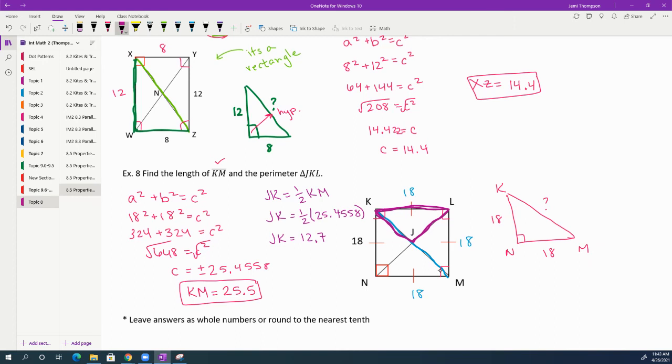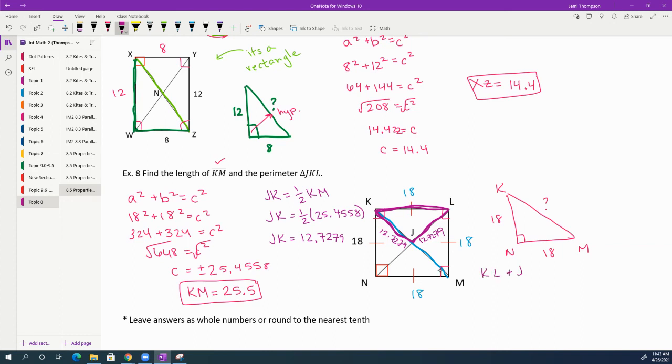So just be really aware of your rounding. I like to leave the full number in the calculator before I round. So this is 12.7279.